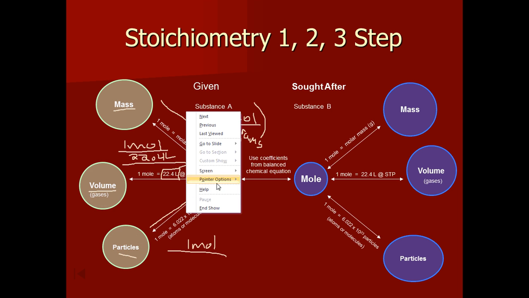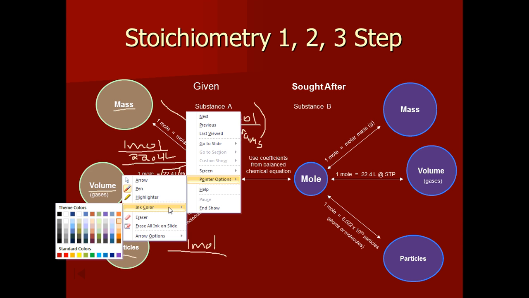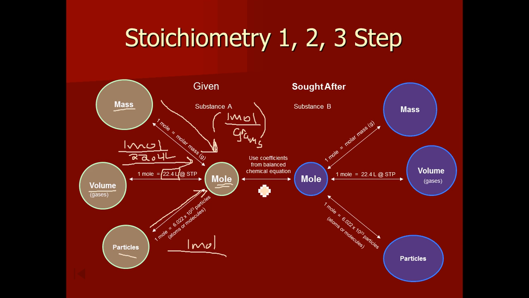Remember, we put moles wanted all over moles given. That's what we were doing in the past with the one-step problems. Now let's say that I'm at moles given and I want to go to a mass.